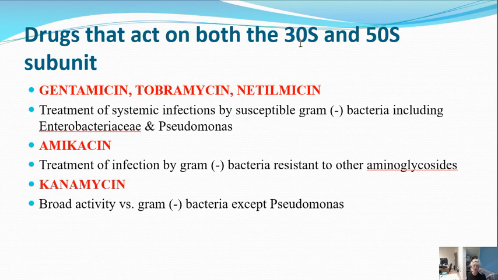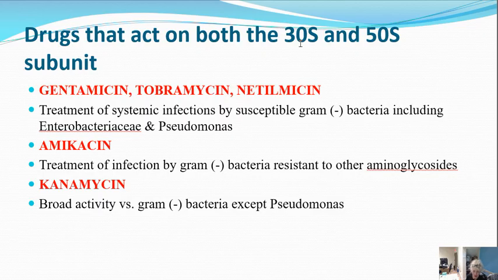Drugs that act on both 50S and 30S. This is cool. These are your gentamicin, tobramycin, netilmicin. Treatment of systemic infections by susceptible gram-negative bacteria, including Pseudomonas and Enterobacteriaceae. Amikacin: treatment of infection by gram-negative bacteria resistant to other aminoglycosides.